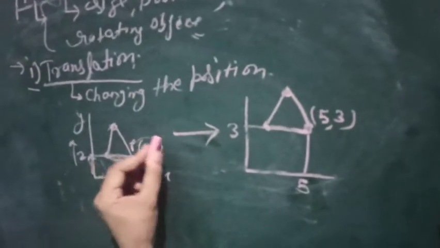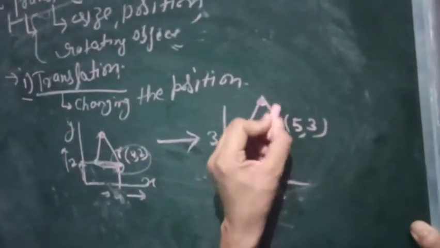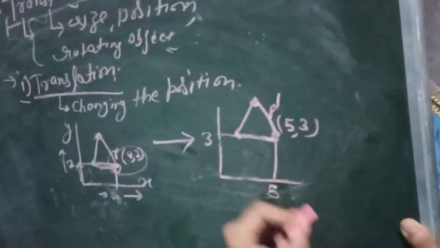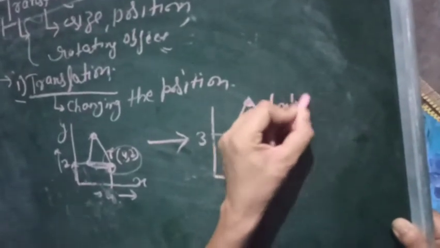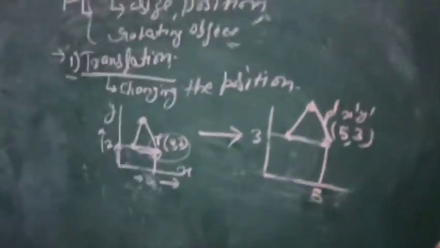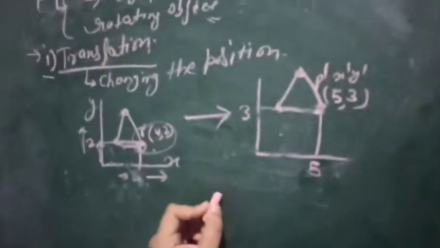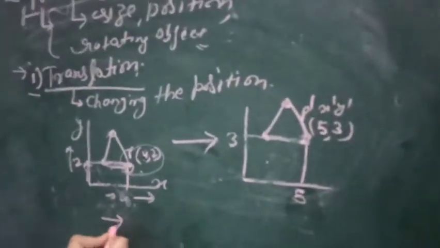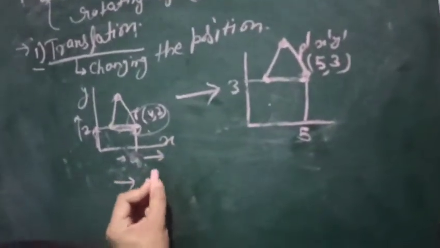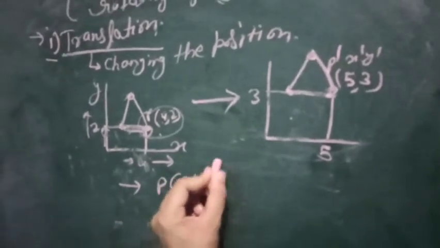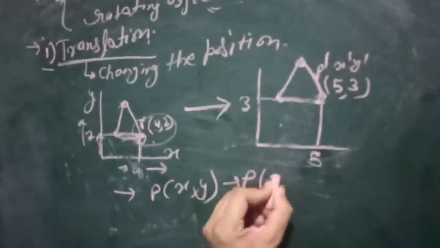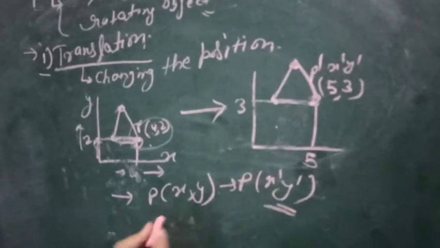Here we have a point P 4, 2. We have transformed this point to P dash and named it x dash, y dash. How did this happen? We have transformed P x y to P x dash y dash, and x dash equal to x plus 1.